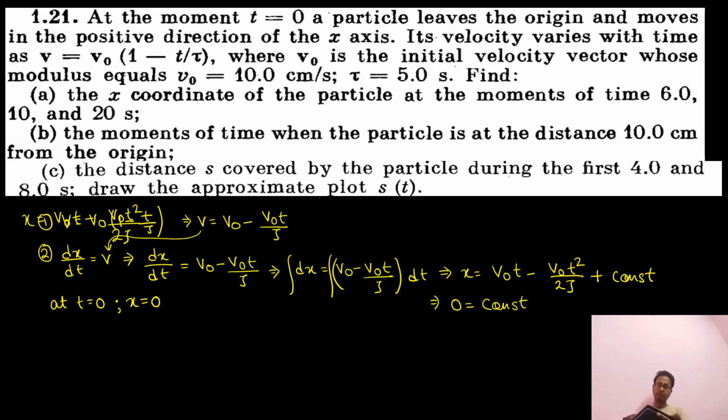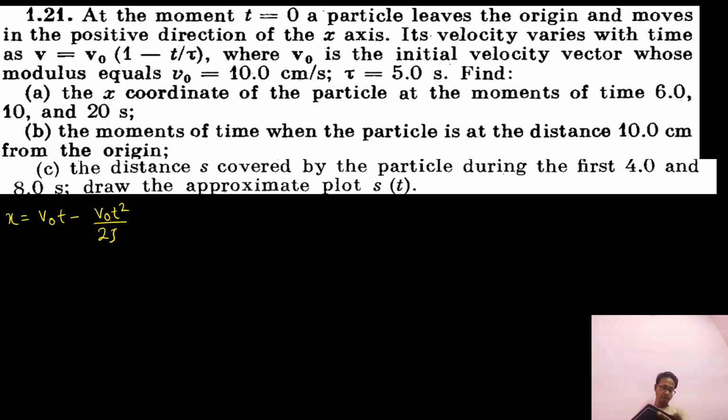So from this equation you get the value of constant is equal to 0. So we find the equation of displacement to be v naught t minus v naught t square by 2 tau.